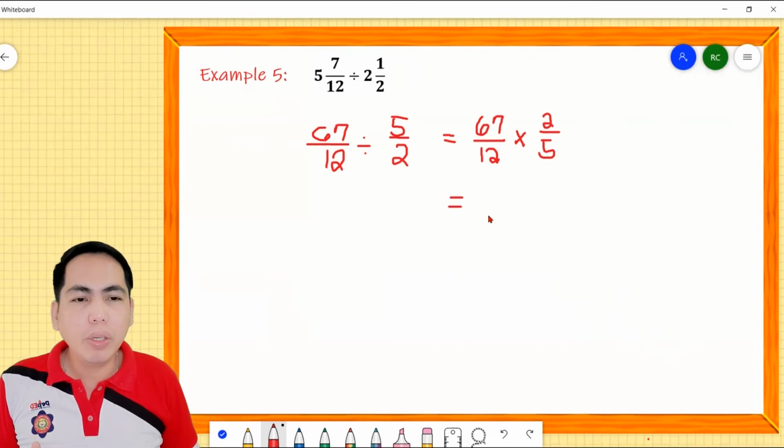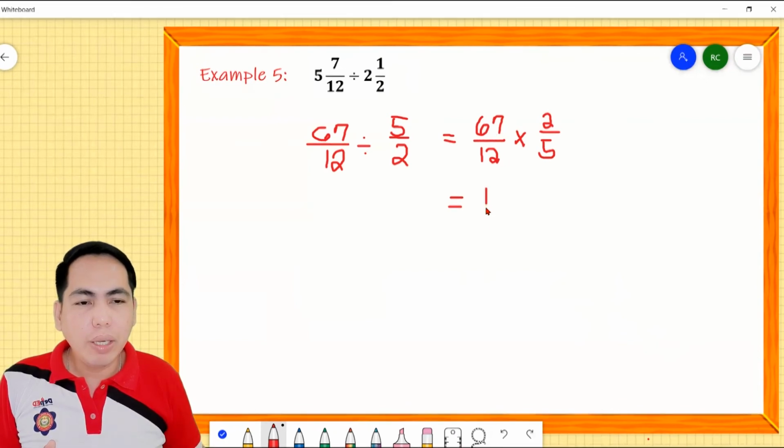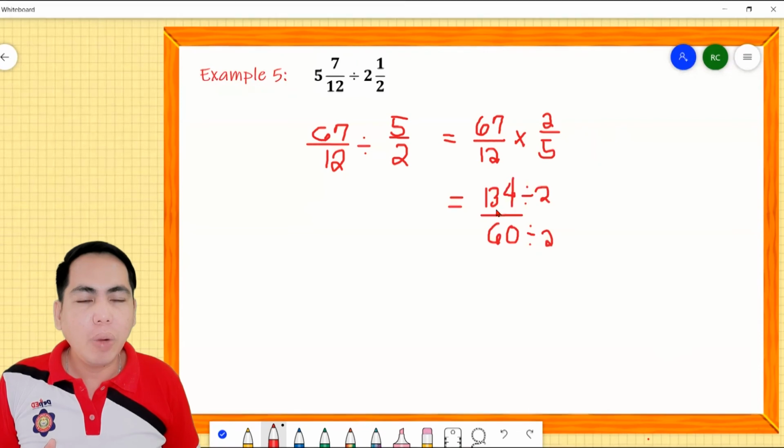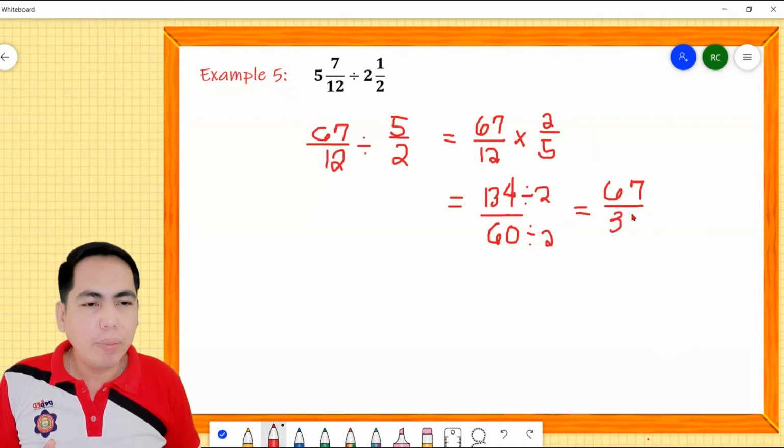Now, following the rules in multiplying fractions, we can multiply first the numerator. 67 times 2 will give us 134, and then 12 times 5 will give us 60. 134 over 60 can be reduced to lowest term by dividing both the numerator and the denominator by 2, since 2 is the GCF of 134 and 60. 134 divided by 2 will give us 67, and 60 divided by 2 will give us 30.